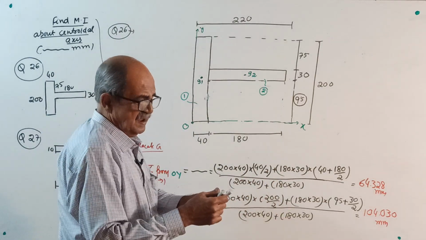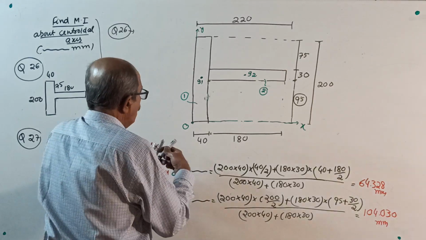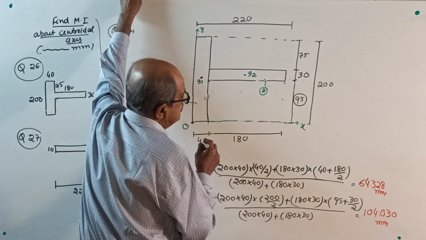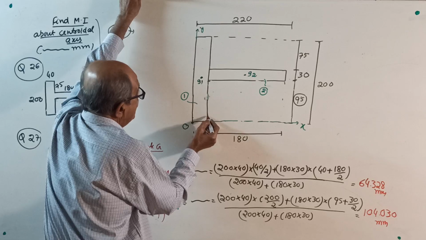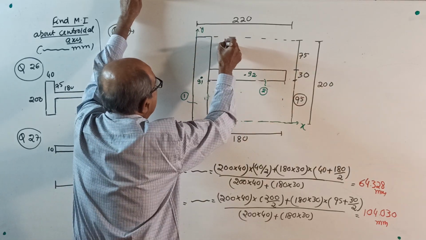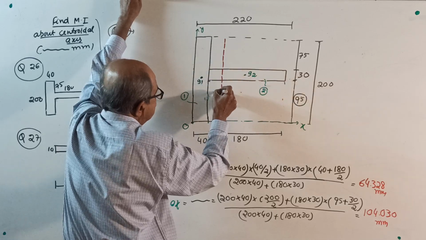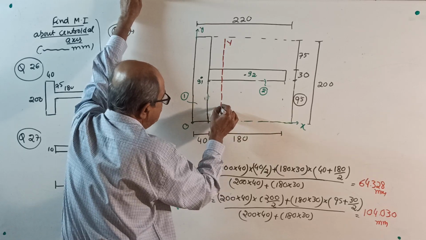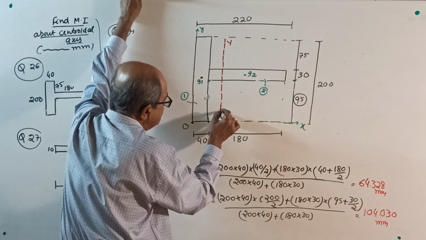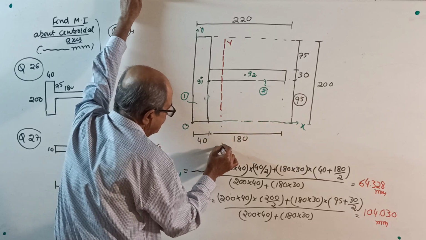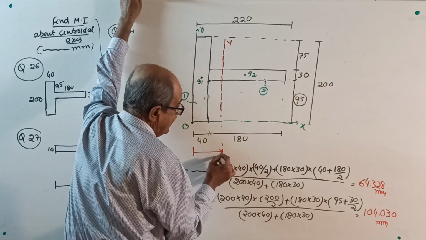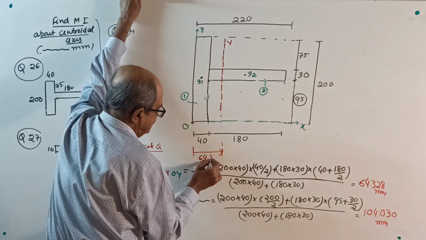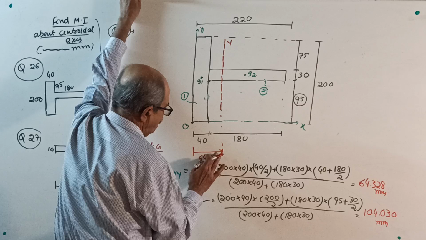Once you get X bar, Y bar, immediately locate the axis. From O to right side by 64.328. This is 40, little more. Exact scale is not required. This is YY. When you come here, don't disturb this one. Jump here. This is your X bar. Don't have to write, if you want, write X bar 64.328.